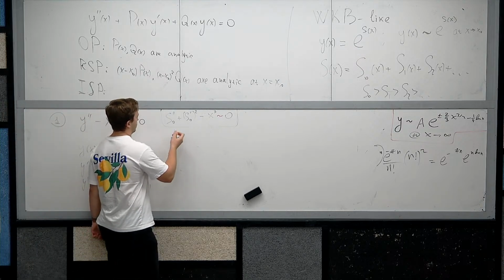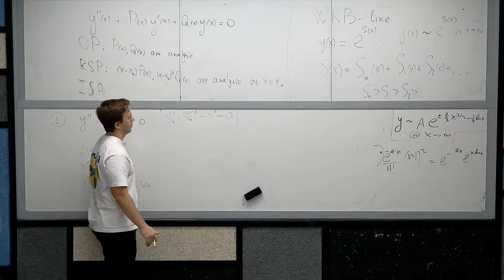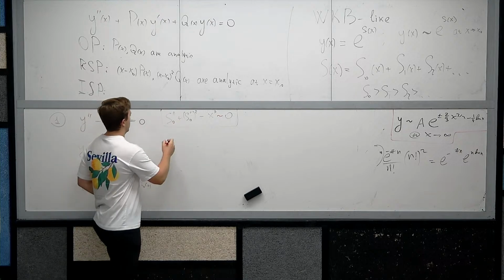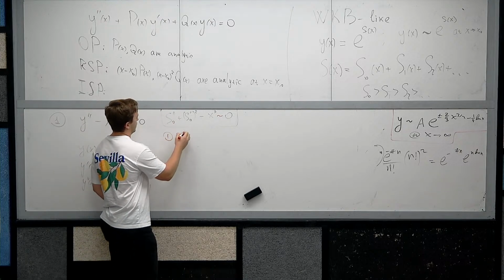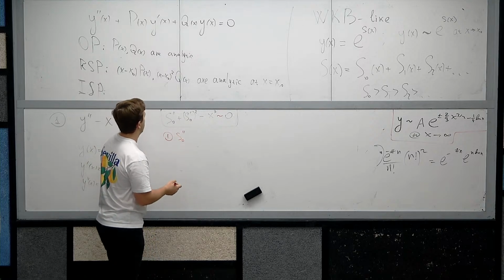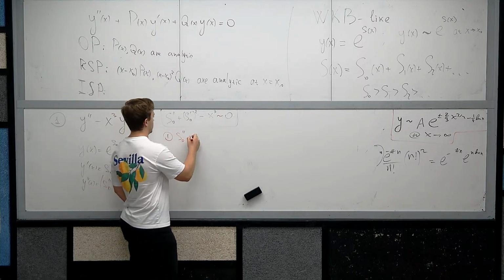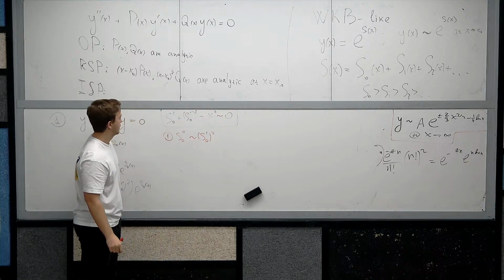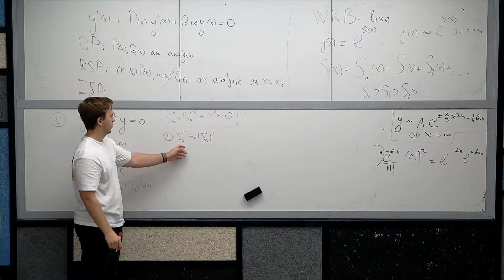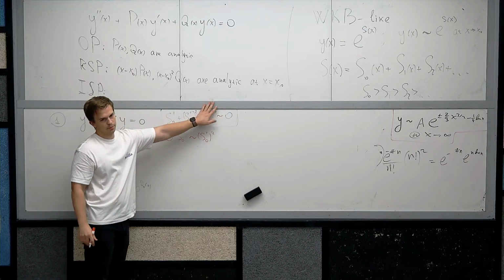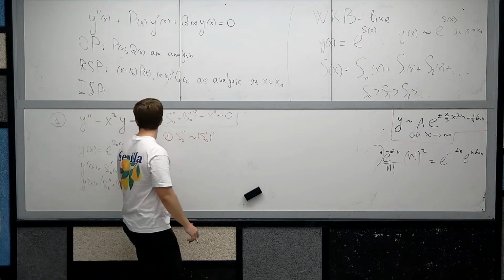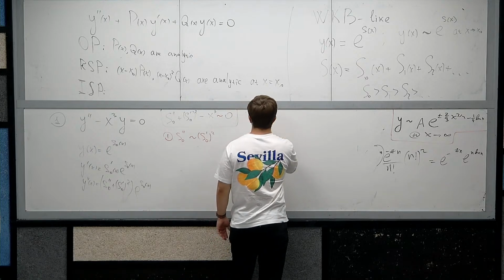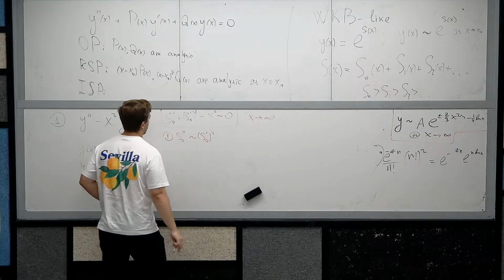We need to check each pair. For example, say S naught double prime is asymptotic to S naught prime squared. In this case, if those two are asymptotic to each other, we can neglect this term. And we need to write that we're interested in the case that x goes to infinity.